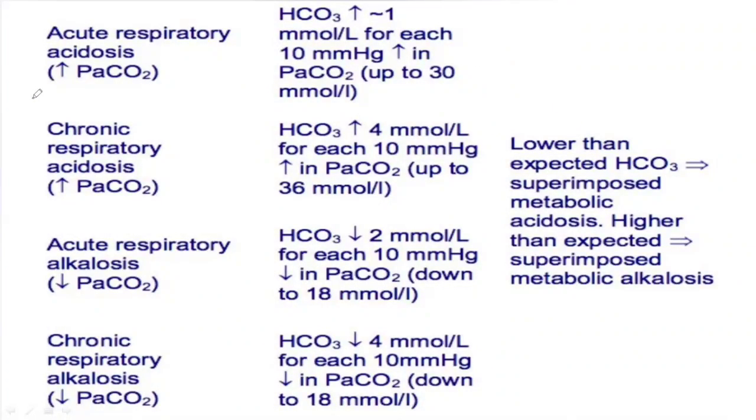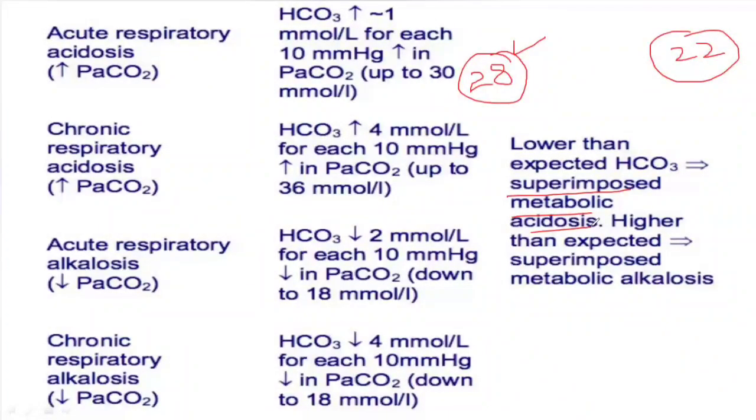But on the ABG it is 22, which means it is less than expected. So what does that mean? It means the patient has not only respiratory acidosis but also superimposed metabolic acidosis, as you have all done in the exercise.